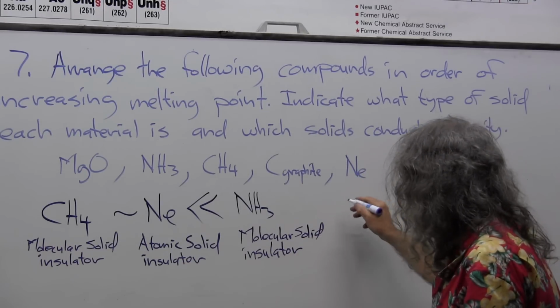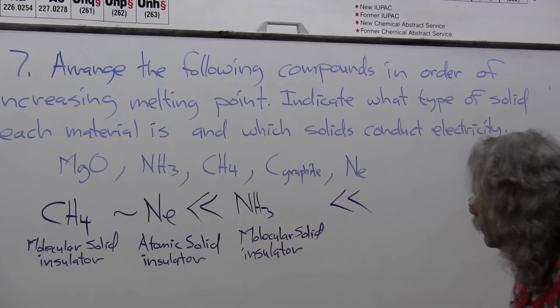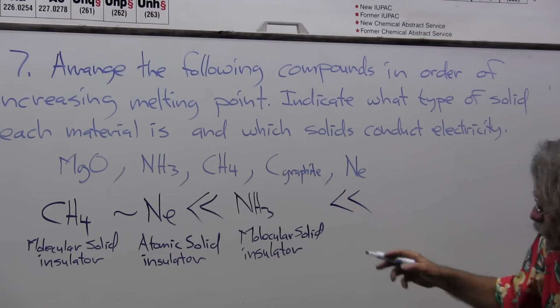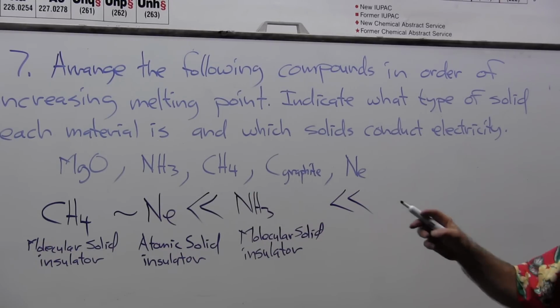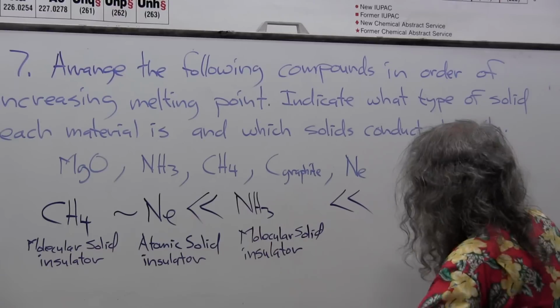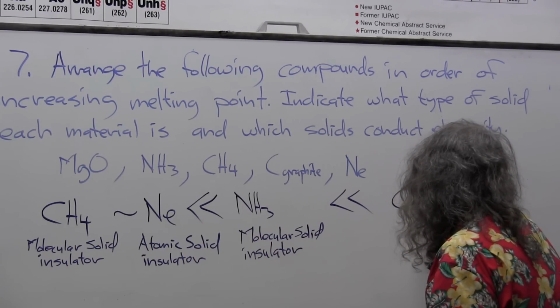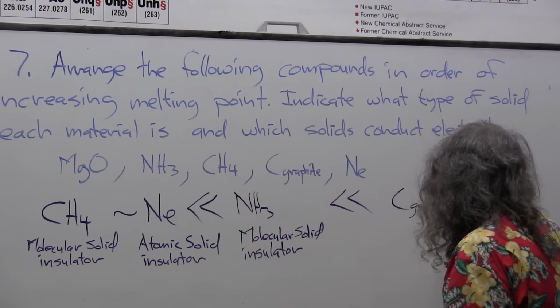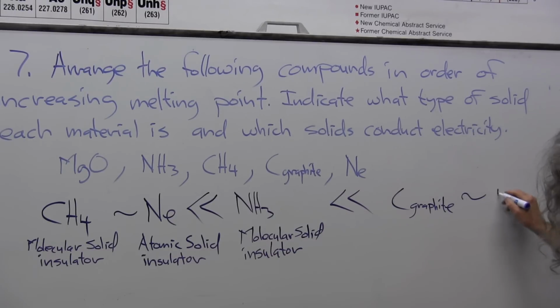And now these are going to be in turn much lower than the last two options we have. We have graphite and magnesium oxide. I'll pick the graphite, and I'm going to say it's about equal to the magnesium oxide.